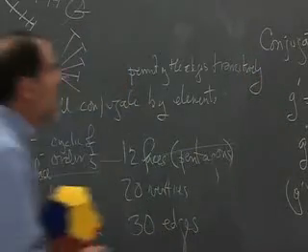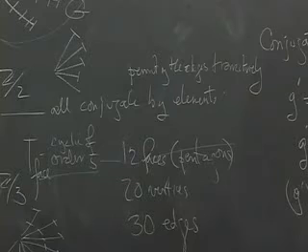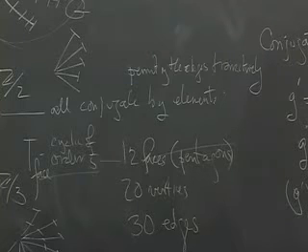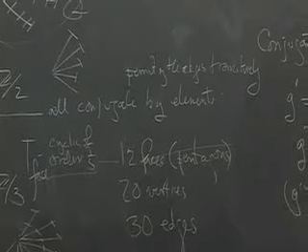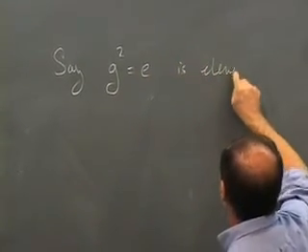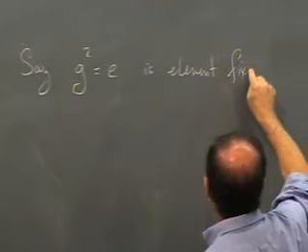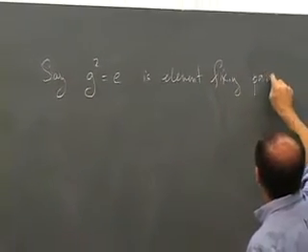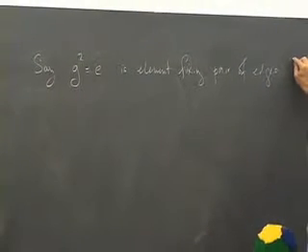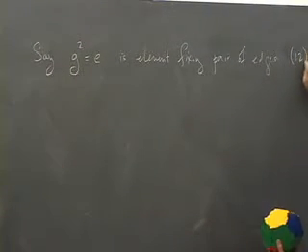So here, let's write it out. Why is that conjugate? Say G squared is equal to identity is an element fixing a pair of edges, we'll call opposite edges, I don't know, we'll call it 1, 2, something like that.